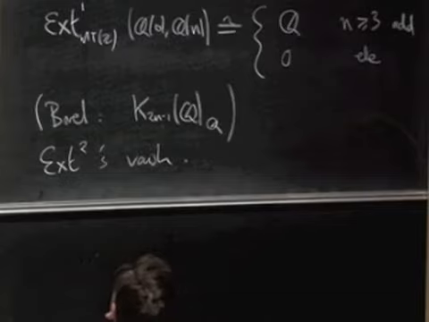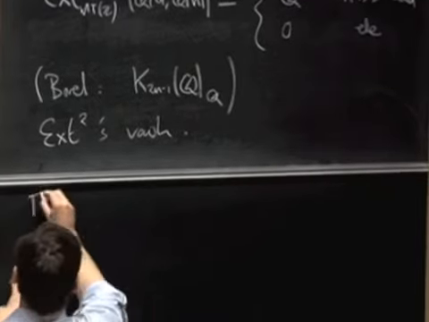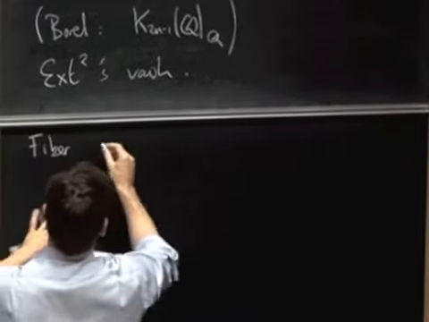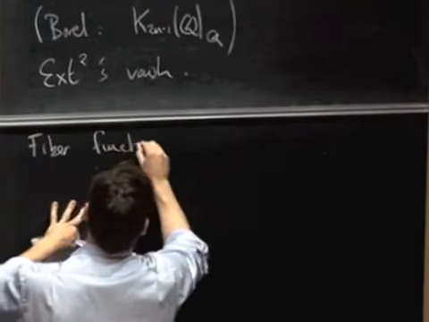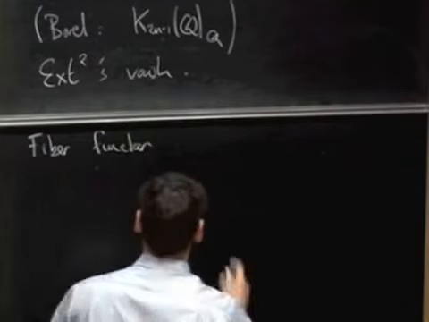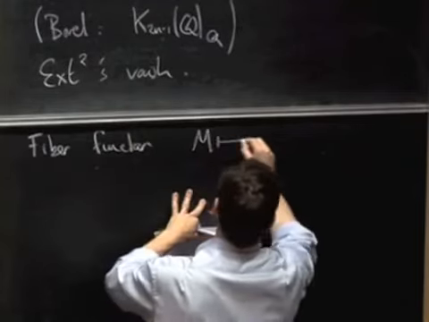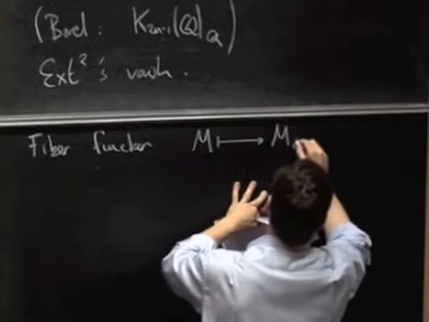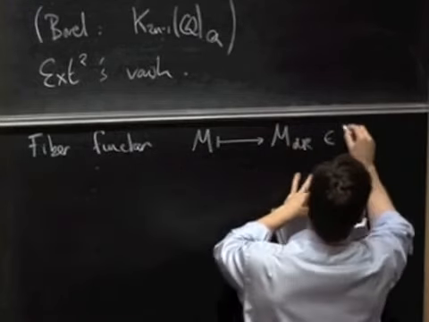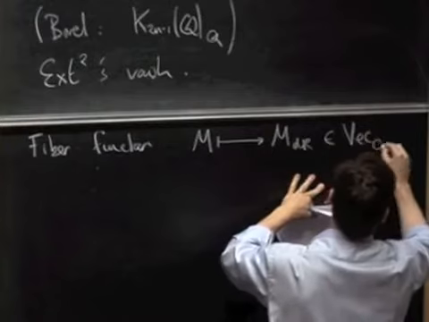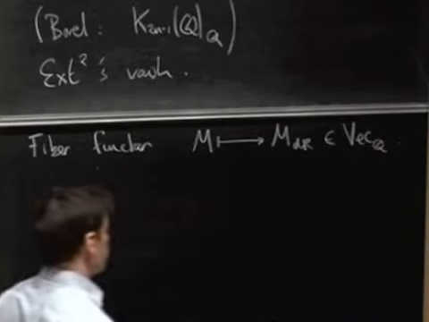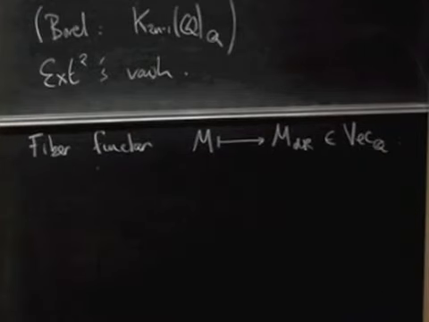There's a much simpler way to think about it, using the Tannakian formalism. For this, we need the fiber functor. It's a canonical fiber functor, which to a mixed Tate motive associates its de Rham realization, and that turns out to be a vector space over Q, in fact a graded vector space.